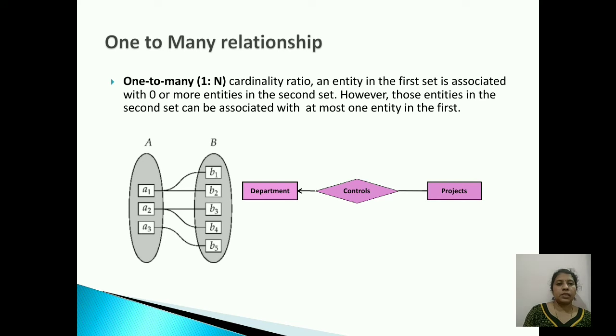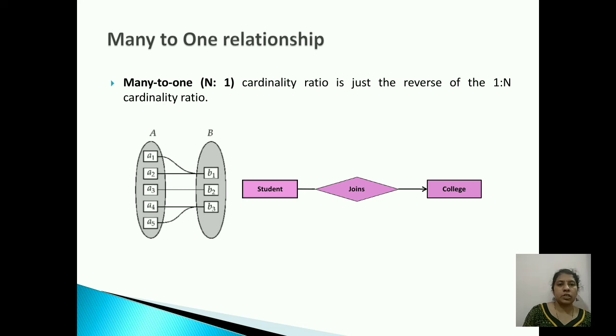Cardinality 1 is represented with an arrow mark, and the many will be shown using a simple straight line. If it is mentioned with an arrow, then cardinality is 1, and if it is a straight line connecting the relationship and the entity type, then it is the many cardinality. So here a department can control 0 or more projects.